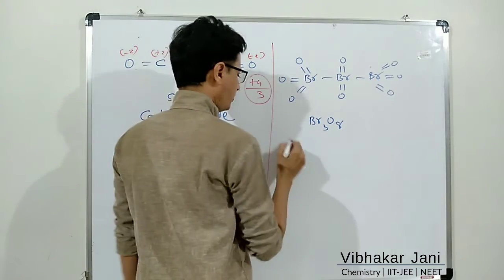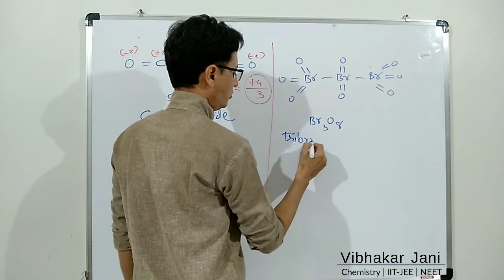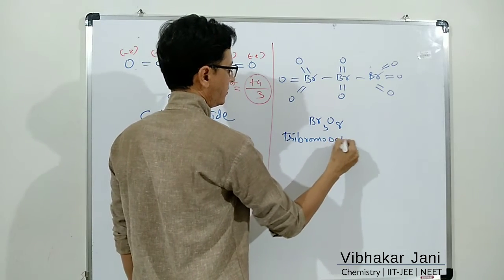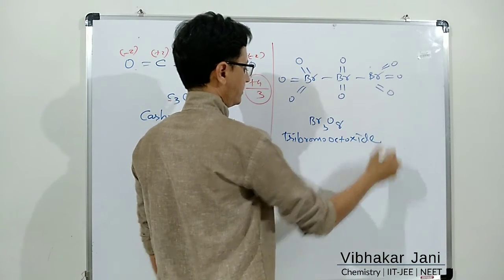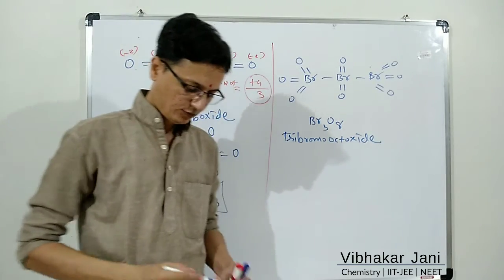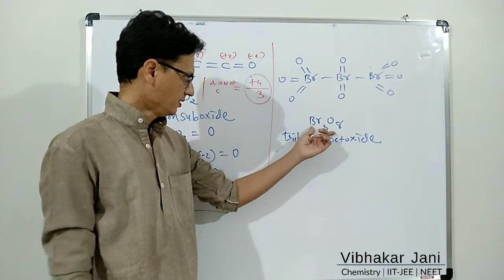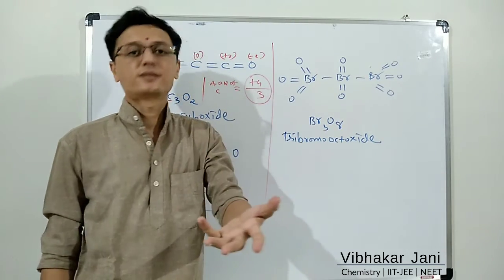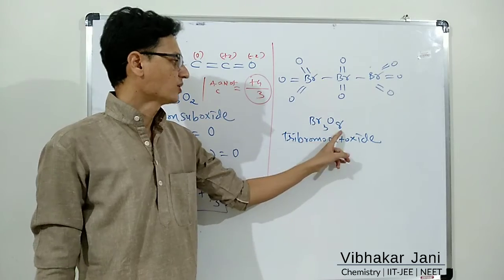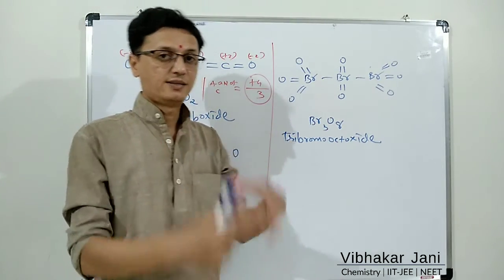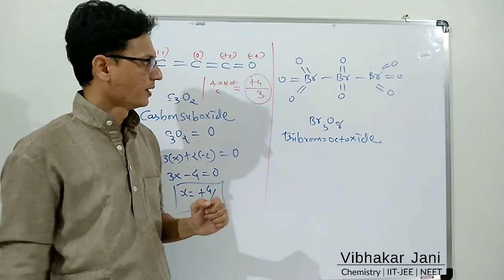The name of this compound will be tribromo octaoxide. You can write the name by just seeing the formula also. Tri means 3, octa means 8. Tribromo octaoxide. This is the name of this.